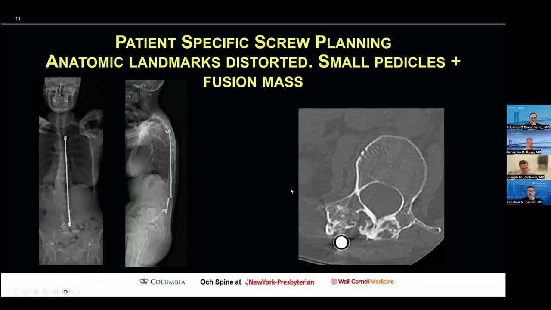The next thing that's really been important in these complex cases, and really executing the plan appropriately and as we planned it, has been robotics. So I use robotics for almost all my adult deformity cases. And as you can see, especially in patients who have had prior surgeries, multiple surgeries, prior fusion mass, instrumentation, sometimes the usual landmarks are quite distorted. And the patients can also have quite small pedicles, as you can see in this picture here.